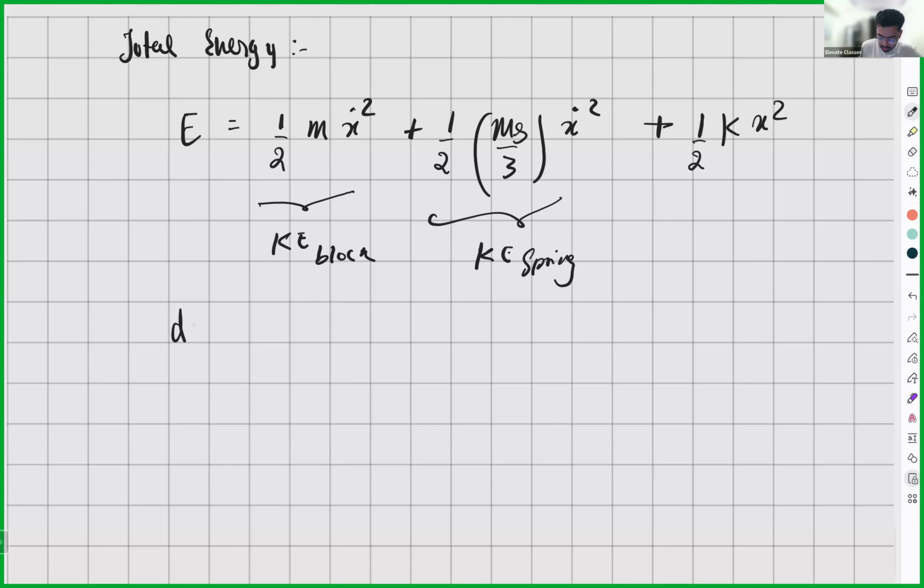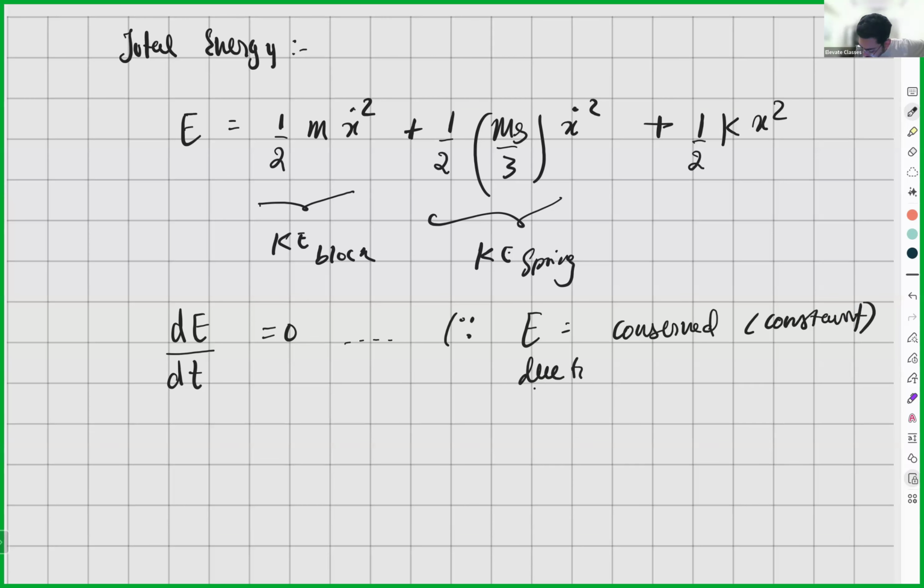Okay. So dE by dt equals 0, since energy is conserved, or you call it constant, due to absence of dissipative forces.